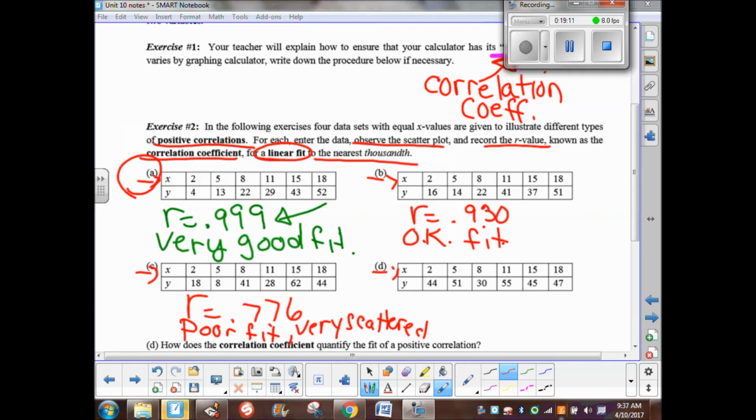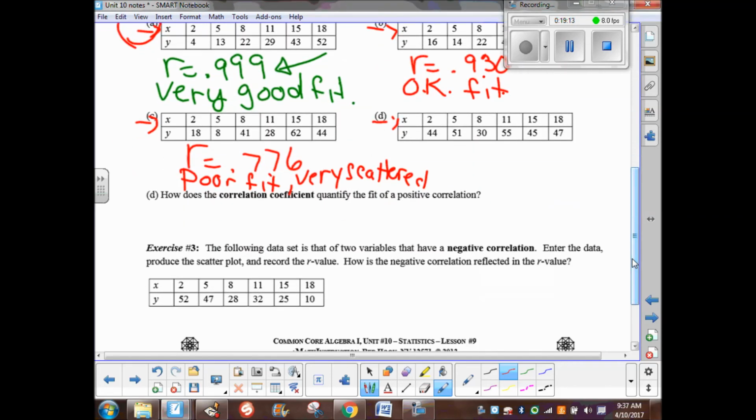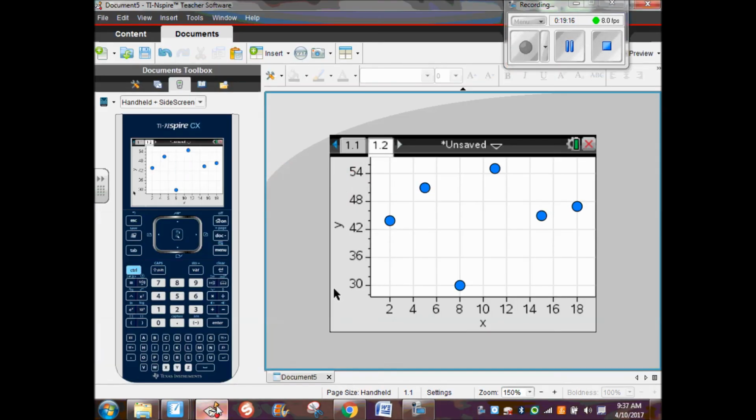Okay, and then I did D along with the right side of the room, and that's what D looks like. Is there any kind of fit going on with that? Not really. Especially when you consider what the directions said.